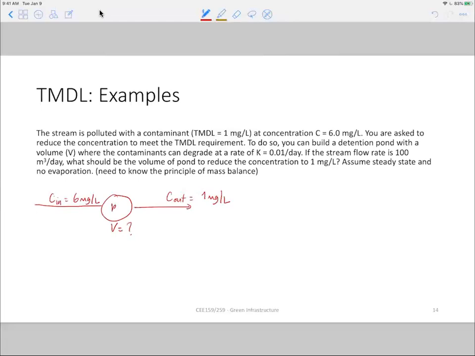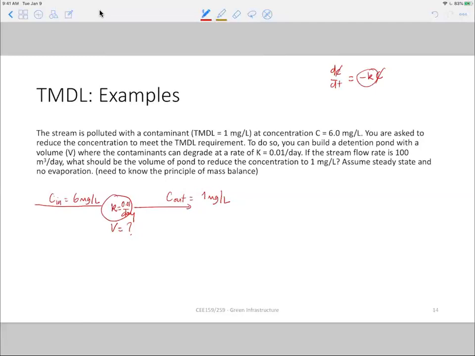But you know the K, which is 0.01 over day. First, anytime the K unit is 1 over time, that's a first order reaction. Because if you see the first order reaction, the way it is written is K times C. So that means C cancels as far as unit is concerned, so the K unit is 1 over time.